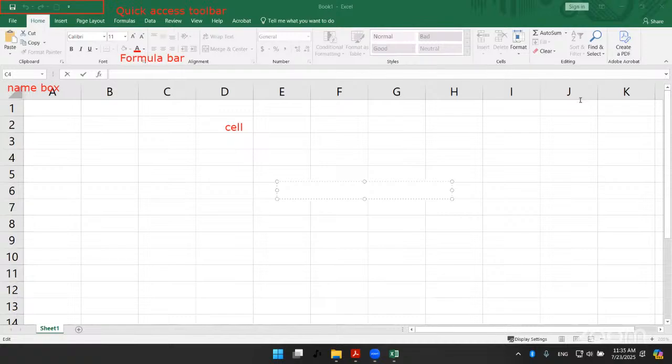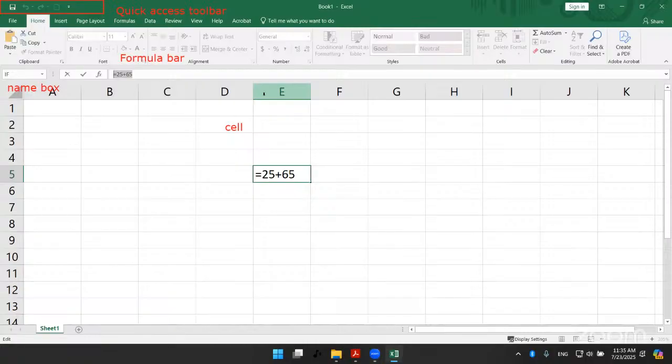Let's see. I'm going to write a formula here like plus 34. Here the value is shown as 90, but there is a formula to get the value. Here you can see the formula. That's why we call it the formula bar.